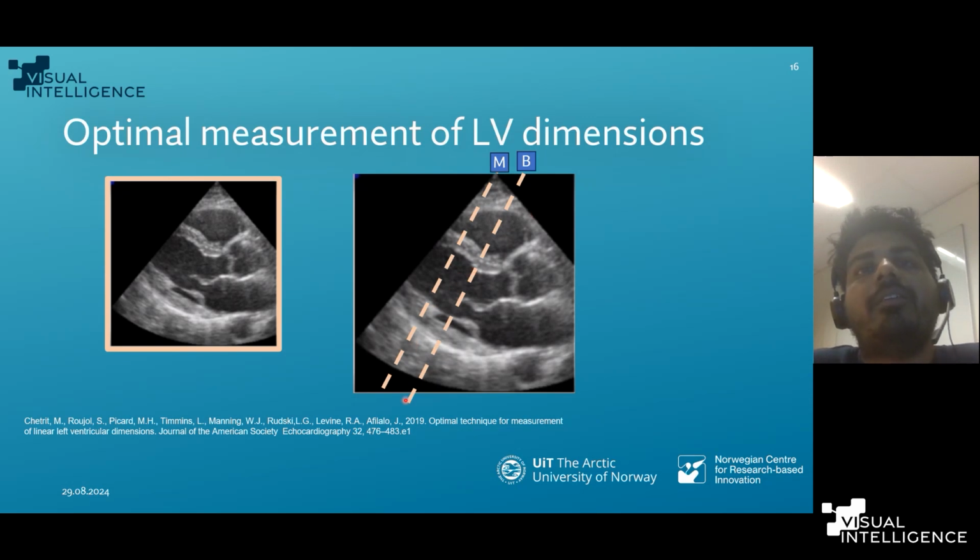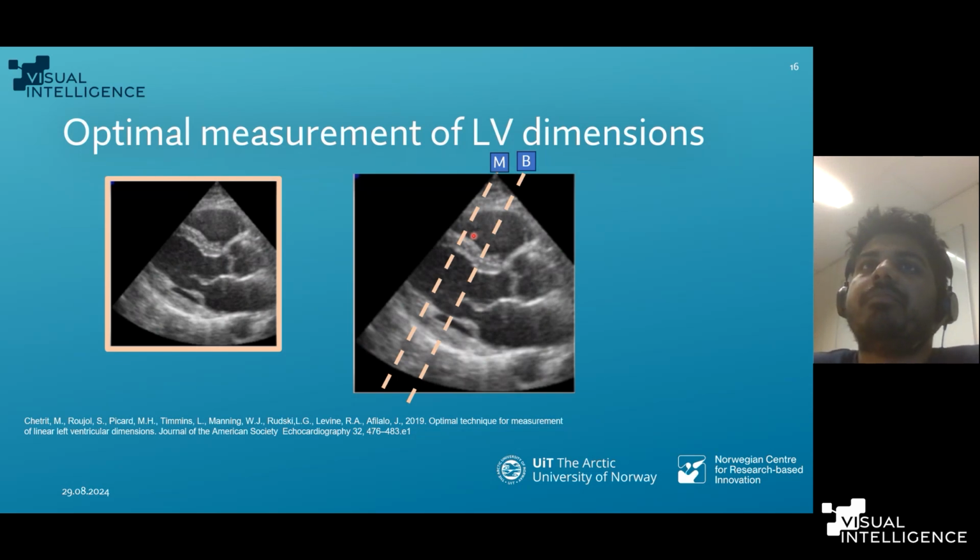But there is a recent study in the medical field where clinicians show that if we perform measurements at the mid-ventricular level, then it better predicts the further diagnosis of the heart. But to train a neural network model, we need to obtain the data for the mid-ventricular level, and we can just repeat the training process.